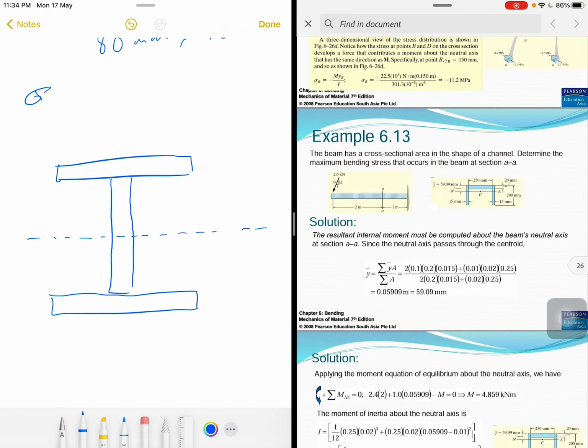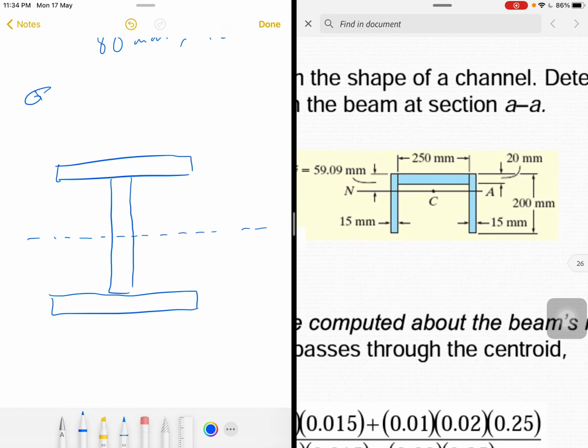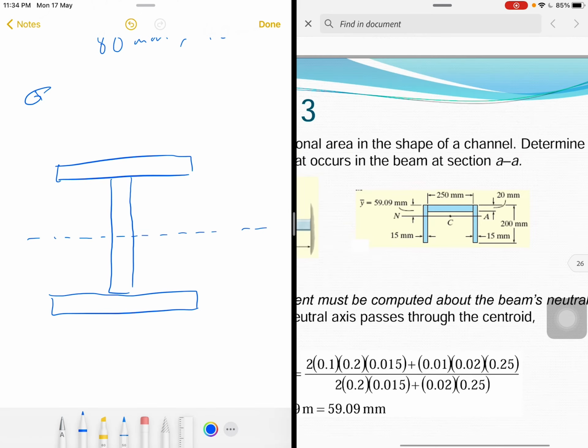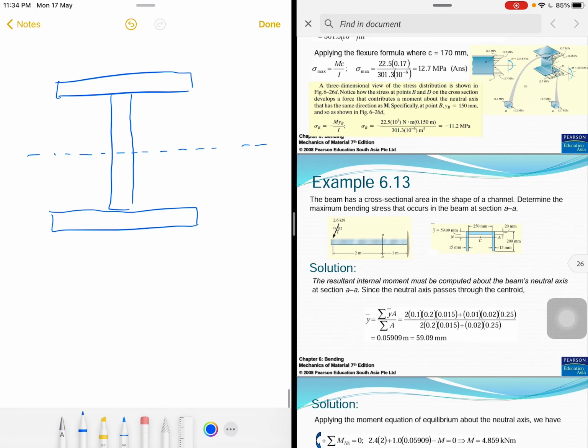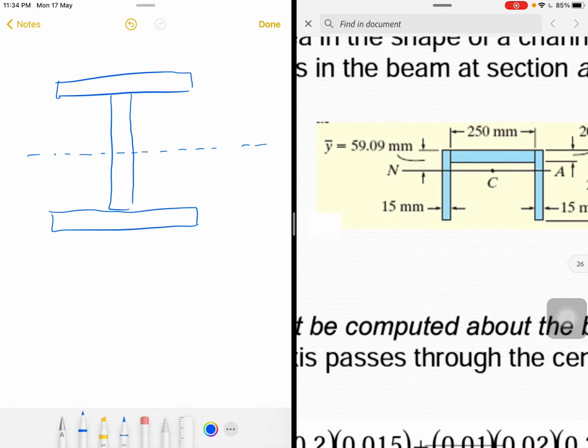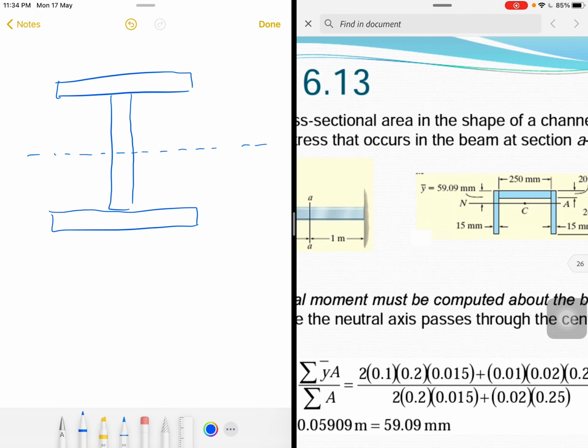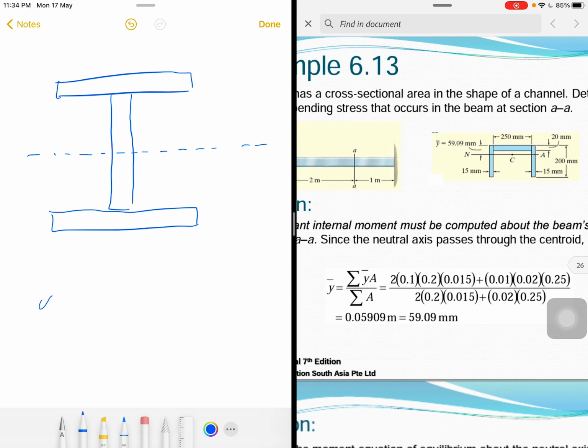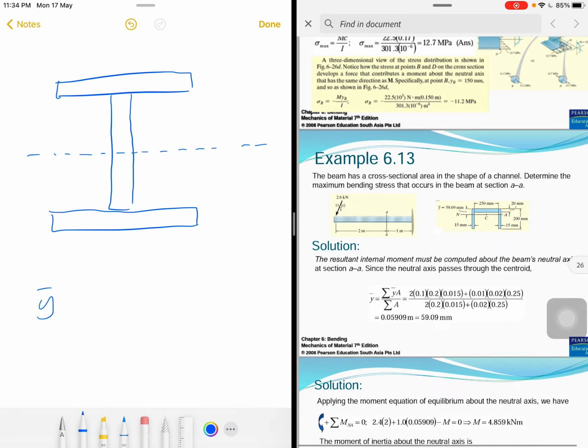But what happens if the shape of the cross section is like this? Do we know the neutral axis location? No, we don't. So what we need to do first is find the location of the neutral axis, which is y prime perhaps.